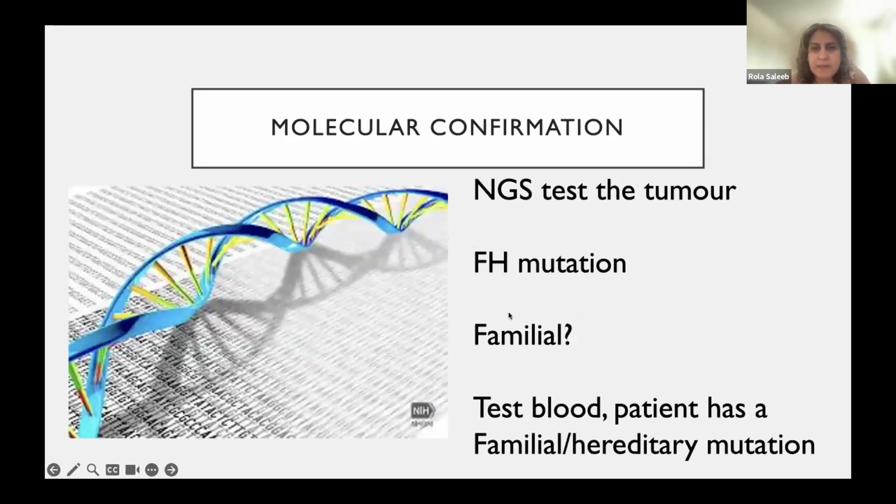The other aspect, so we had to do molecular testing for this. And the other important aspect is this mutation can be hereditary. And this is very important in this scenario. So if this is hereditary, there are implications to the family. So the next step would be to test the patient themselves, test their blood, not just the cancer, to see if the patient has inherited this gene mutation, and perhaps other members of the family have this gene mutation.